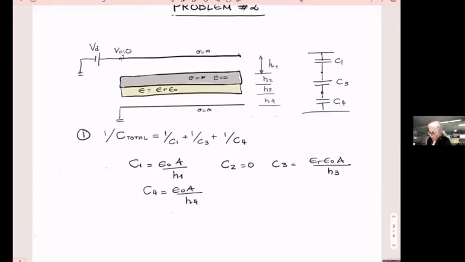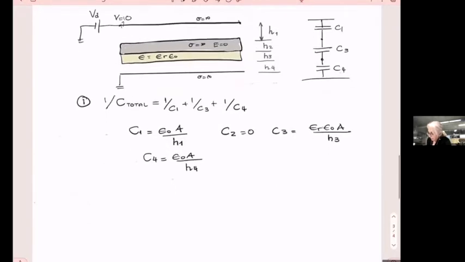And then if you have the values, so practically 1 over C total is 1 over epsilon naught A, and then here you will have H1 plus H3 divided by epsilon R plus H4.